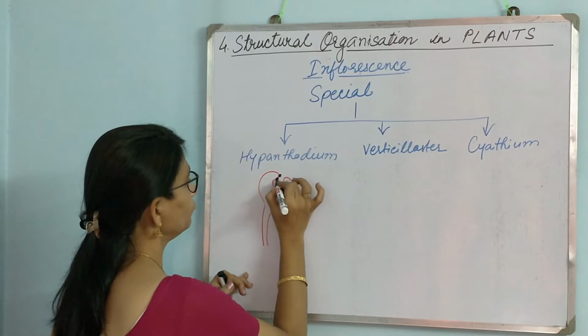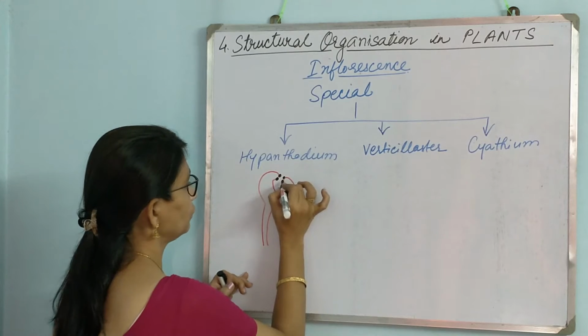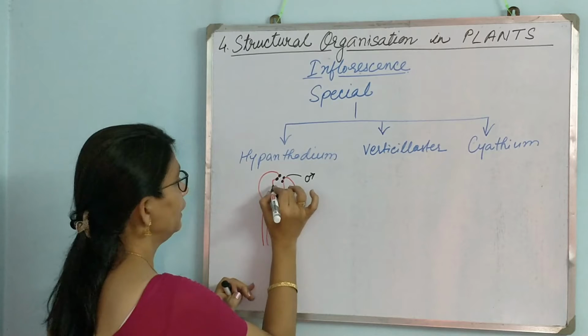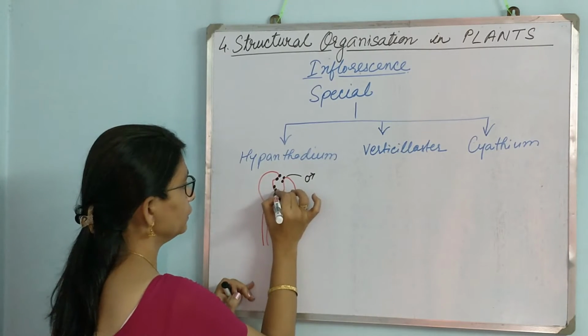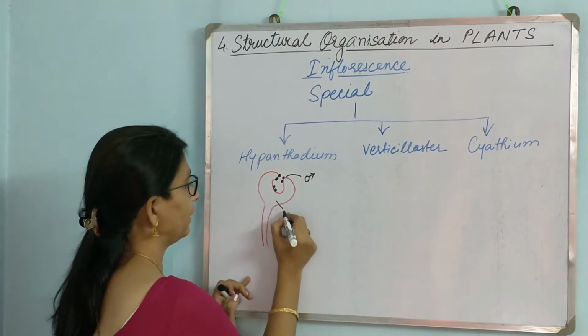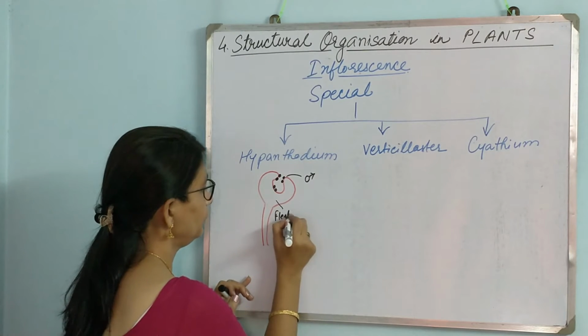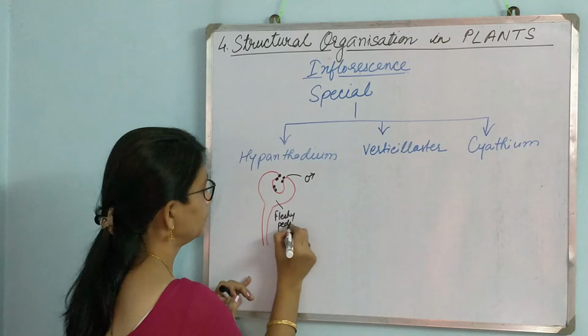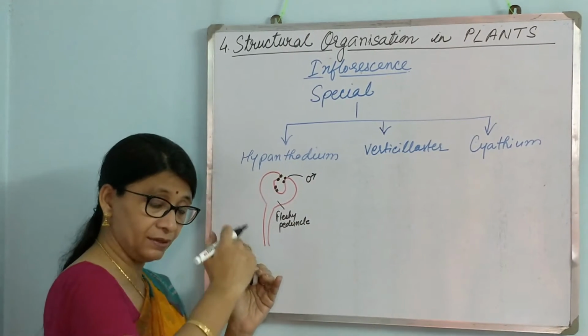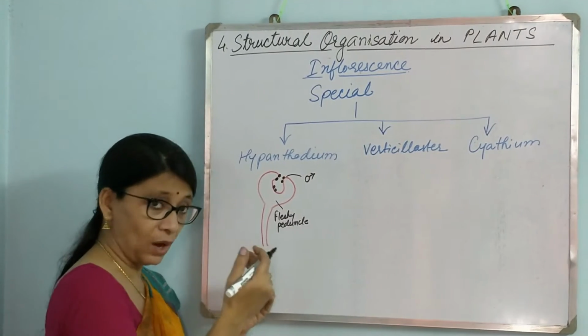On the mouth of this flask-like structure, there are male flowers. These are male flowers. And on the bottom of the flask is also fleshy. This is a fleshy peduncle. In the shape of a flask, the internal surface is hollow, which has flowers.